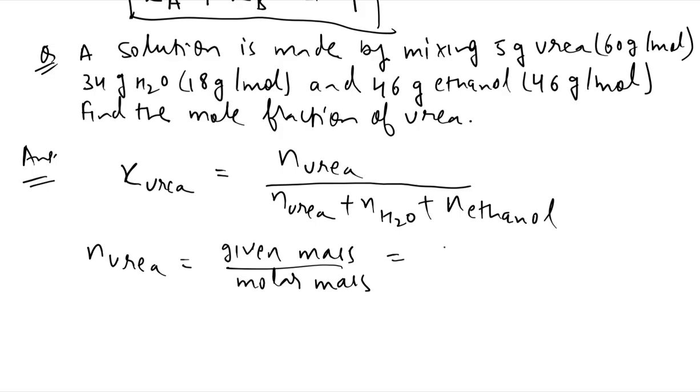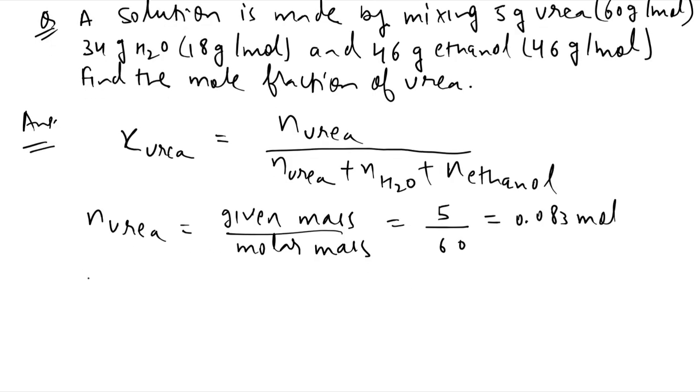So this will be 5 divided by 60, that is 0.083 moles. Number of moles of water is given as 34 divided by 18, so this is 1.889 moles.